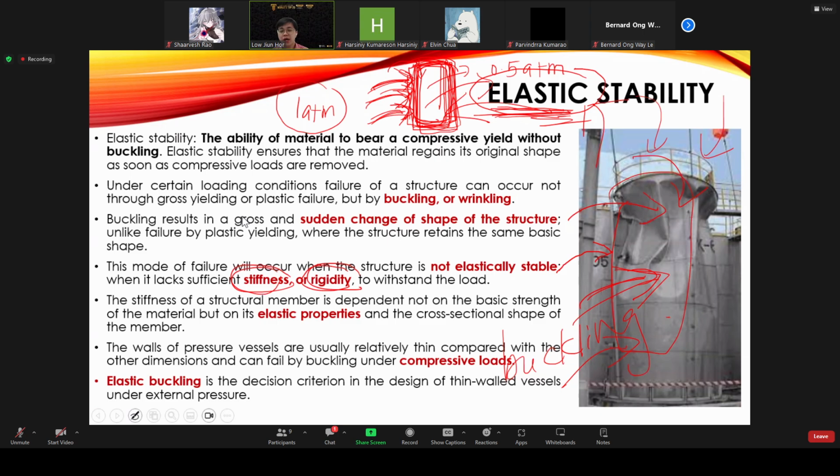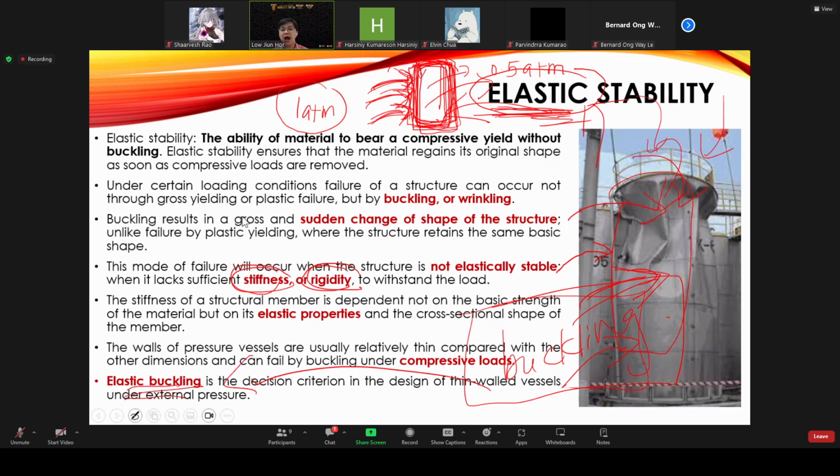So if the thickness of the pressure vessel is not thick enough, or the elasticity of the pressure vessel is lower than the minimum value, then it causes buckling, and buckling is also known as elastic buckling.